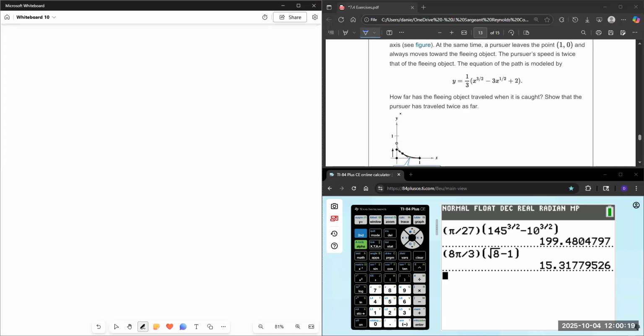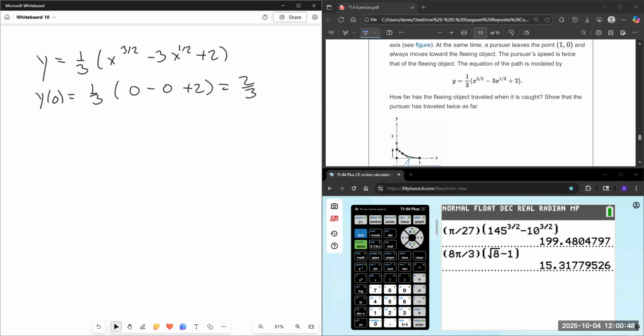So first, the easy part is to figure out the y-intercept of the path that the pursuer takes. 1/3 of x to the 3/2 minus 3x to the 1/2 plus 2 has a y-intercept of 1/3 of 0 minus 0 plus 2, which is 2/3.